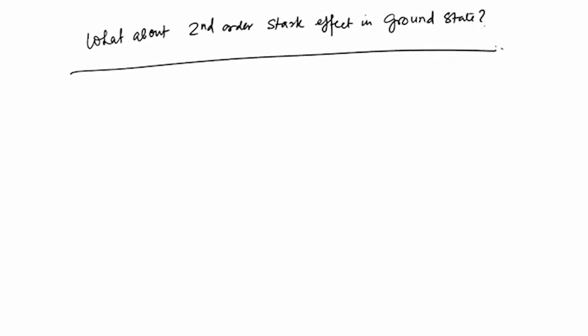And the answer is that En2, that is the second order correction in energy to the ground state, can be written as minus alpha induced, the induced electric dipole moment, and is proportional, as expected, to the square of the electric field.